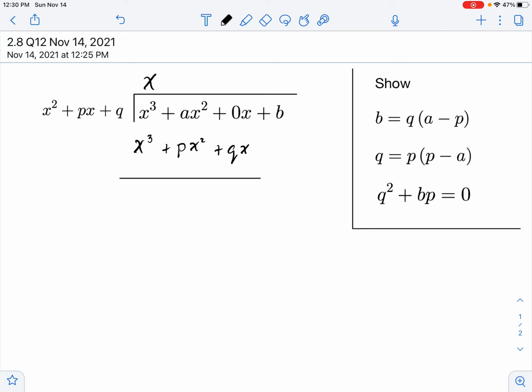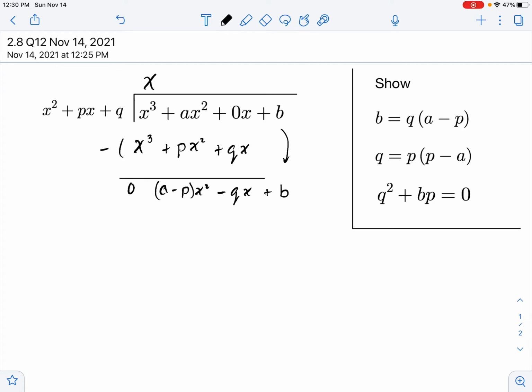And then we'll subtract. ax squared minus px squared, that is a minus p x squared, just factoring the x squared out of both those terms. And then finally, I have 0x minus qx, so that is negative qx. And then I'm going to bring down my last term, which is plus b.